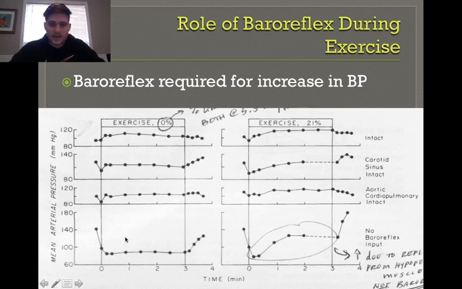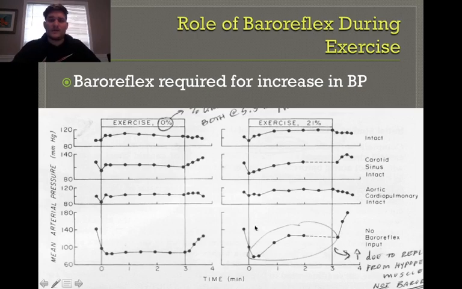So again, during low intensity activity, you're not going to get as many of those metabolites. You're not going to get a huge deviation in the O2 levels and the CO2 levels. But once intensity of activity increases, there's going to be a detection of these metabolites, and that's going to send signals to the medulla to help to increase blood pressure, right?